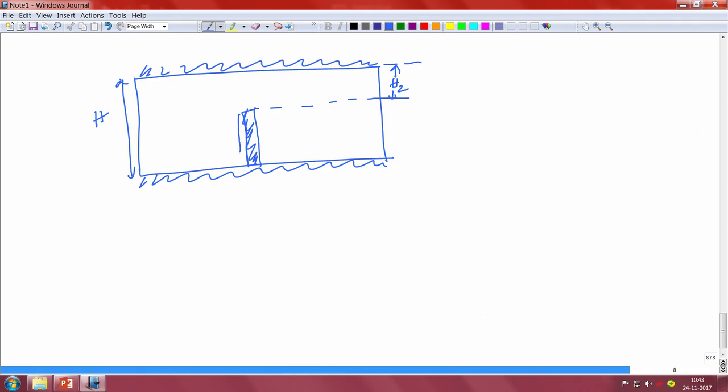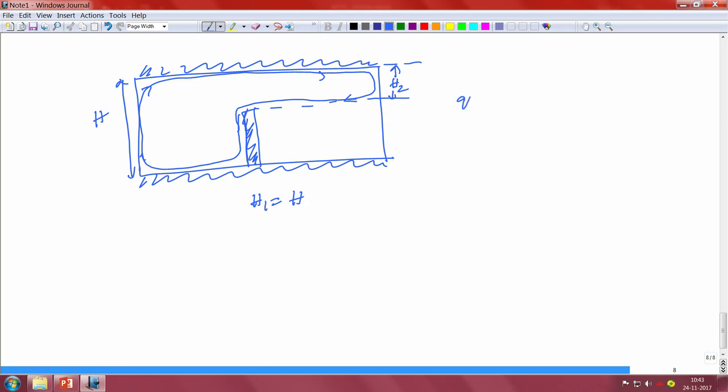The total fluid comes down like this. That is h2, a single partition. Here h1 is equal to h, so the lower part becomes equal to 1 in the equation that we did.